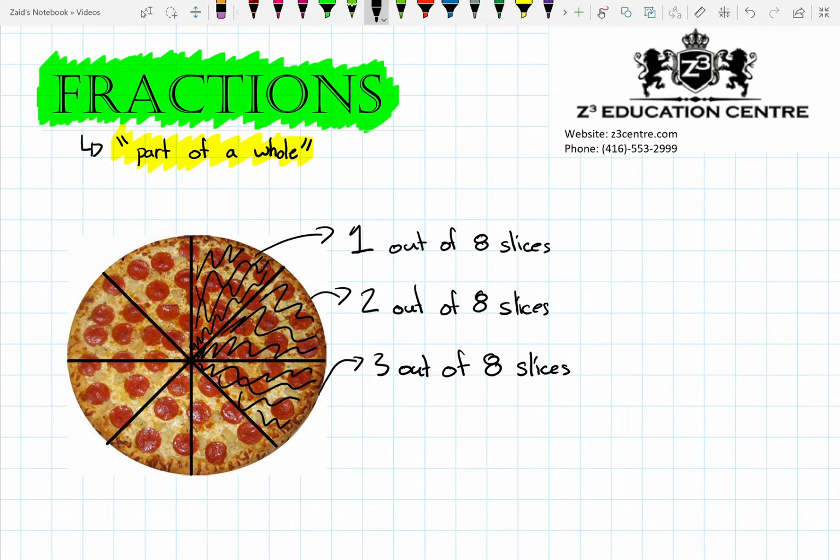Now usually we don't write it like this, we write it more numerically. Numerically we would have a line like this, where the top is called the numerator and our bottom is called the denominator.